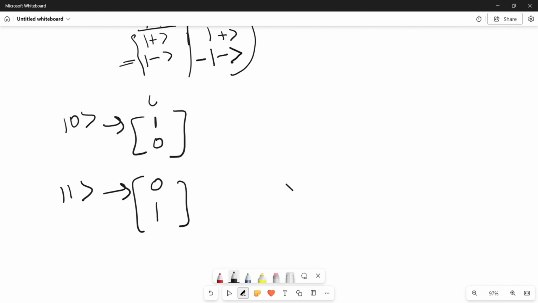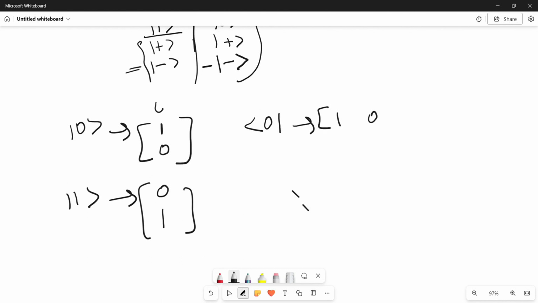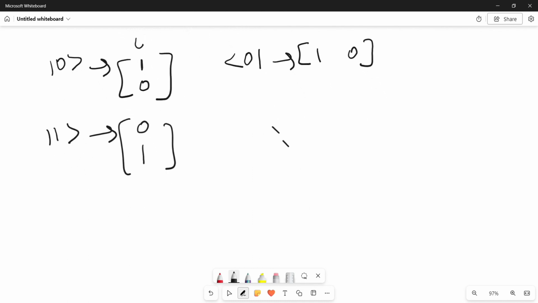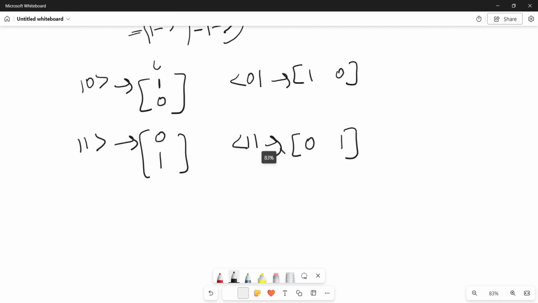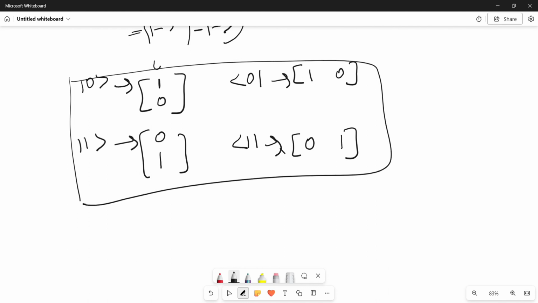Bra 0 will be the opposite: bra 0 is a horizontal matrix 1 0, and bra 1 would be 0 1. These are the four things you have to keep in mind. If you know these four things, all single qubit gate matrix derivations will be very easy for you.